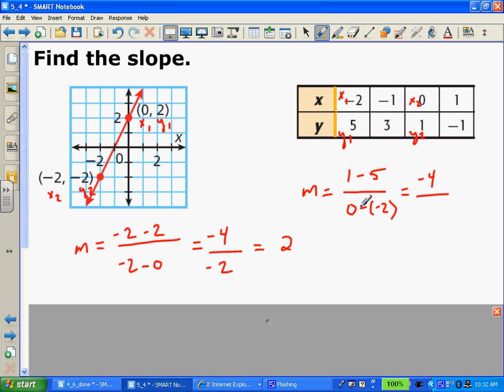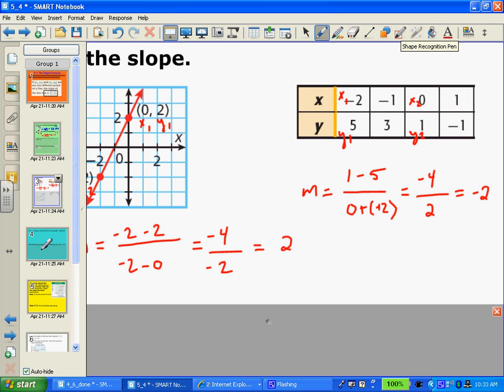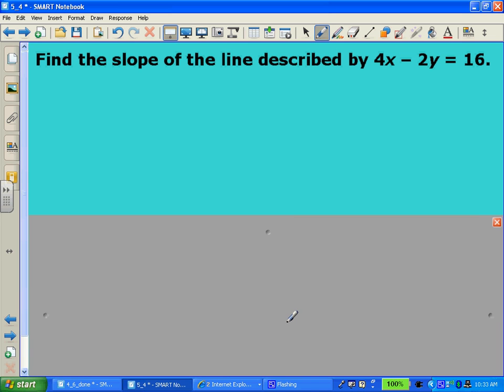So then I get negative 4 over, this is plus, so negative 4 over 2, which would be negative 2 for my slope. So that's how I find it using either a graph or a table, and then again the slope formula.